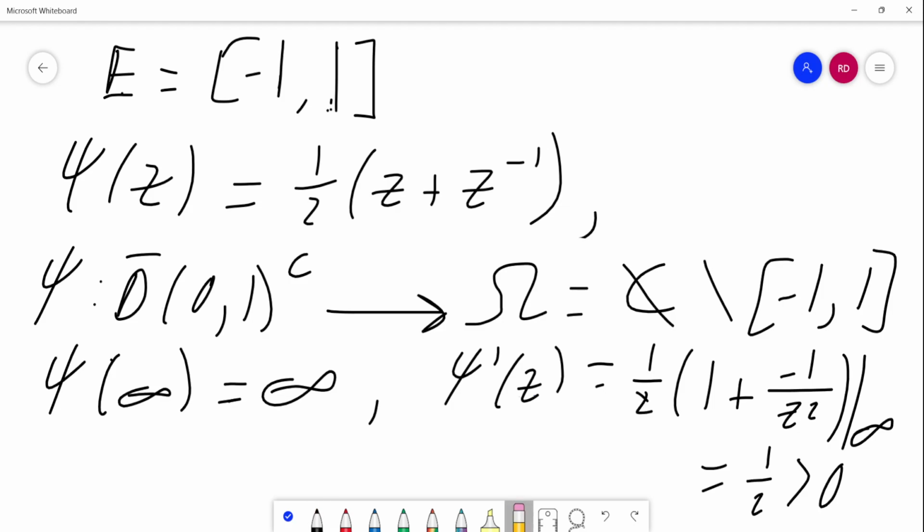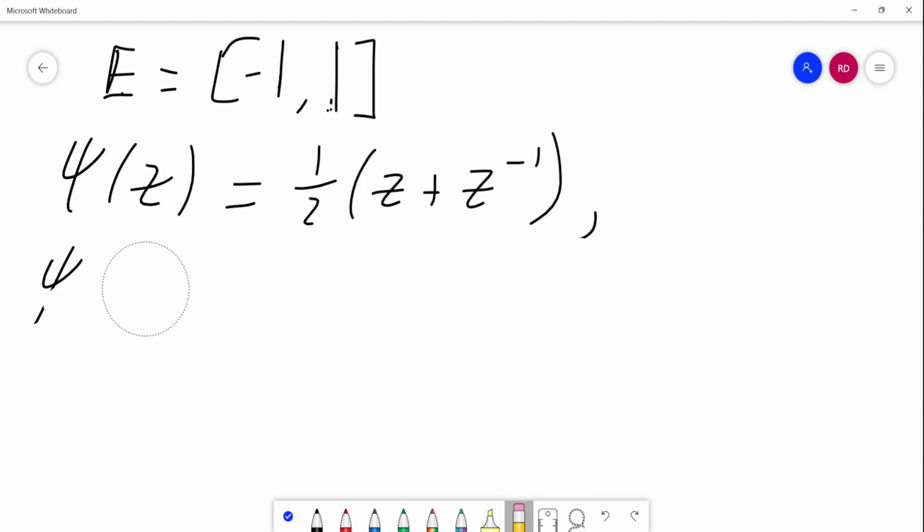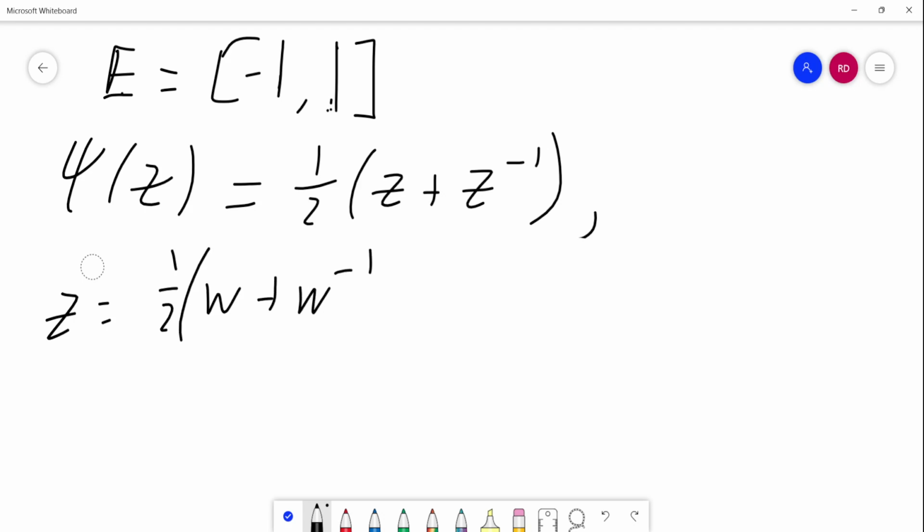Problem though, we wanted psi to go from omega to the exterior of the disk, and it doesn't. So we need to invert this function. So let's do a little algebra. We have z equals 1/2 times w plus w inverse. And let's solve for w.